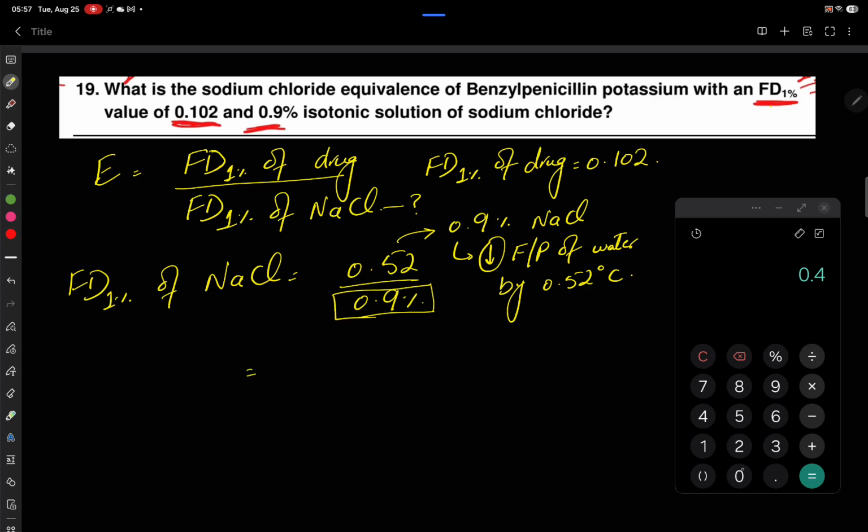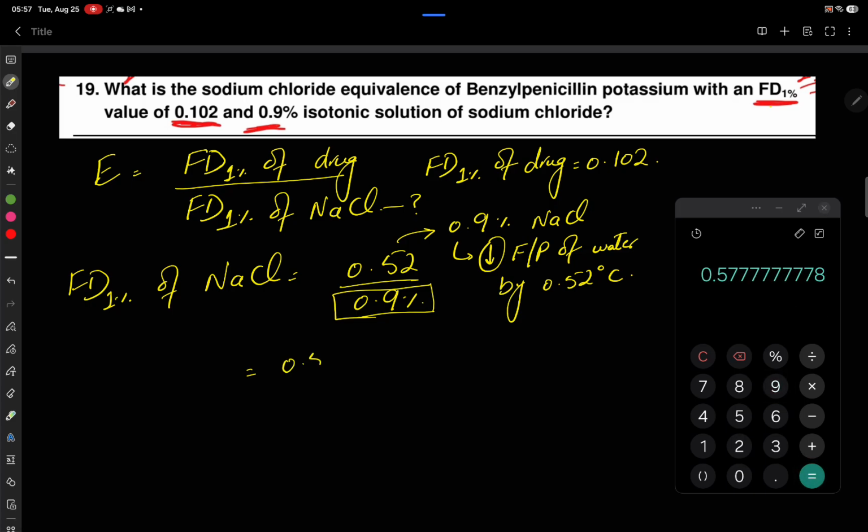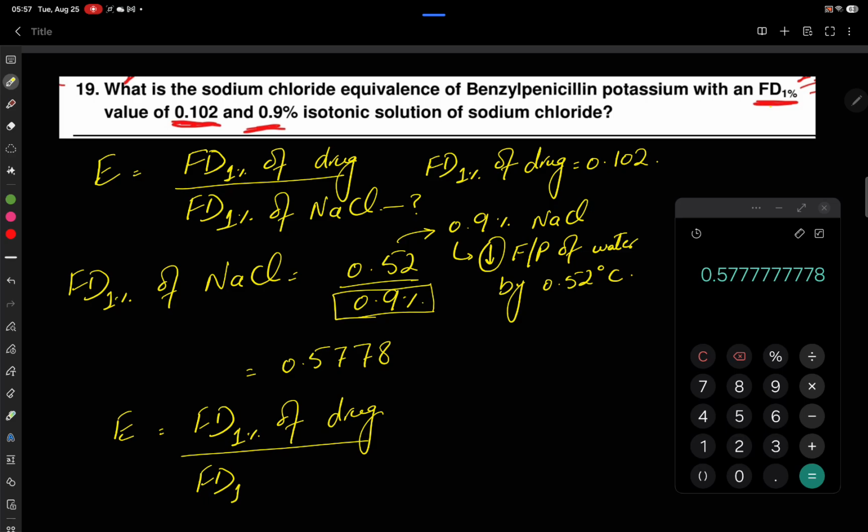Now we have to divide 0.52 by 0.9, and the answer will be 0.5778, and it doesn't have any unit. Now we have to find equivalency, that is equal to FD 1% of drug divided by FD 1% of NaCl.